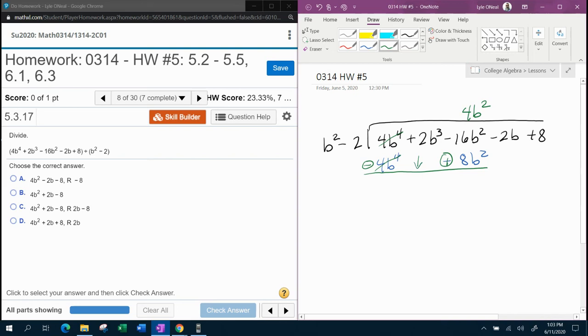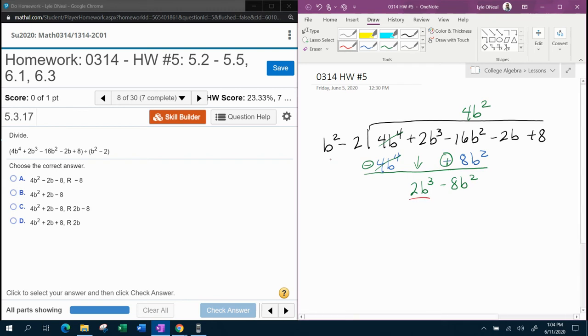The 2b to the 3rd has nobody to combine with, so he's just going to drop down. It's like he falls through the gap there. And then negative 16b squared plus 8b squared, that is a negative 8b squared. Okay? Now that is the first iteration complete.